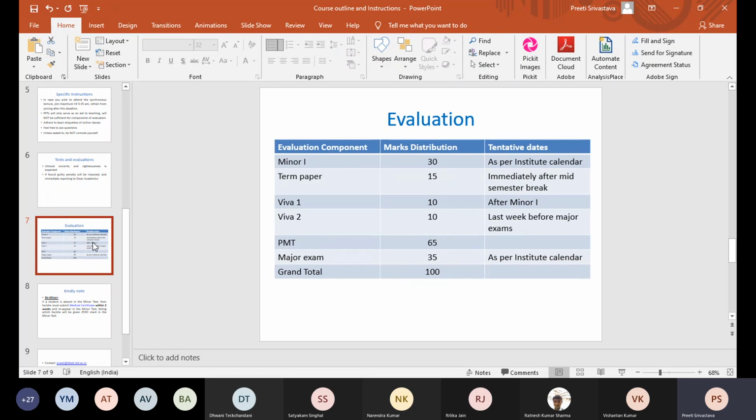We can keep the tentative date after the mid-sem break. Although in these online semesters you do not get a long mid-semester break, I thought it will be better if you have some gap so that you can prepare well. When we talk about the term paper, what is expected is that you should not be copying and pasting. Whatever you write, you need to maintain originality.